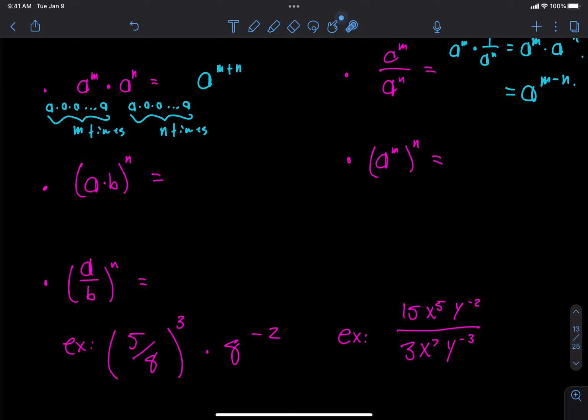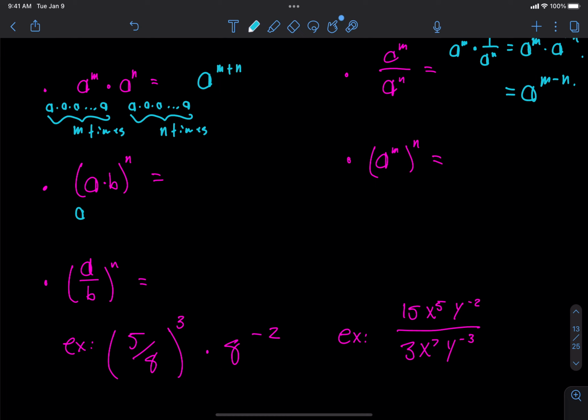All right, now we're going to get trickier. What happens if I do a times b in parentheses and then I take all of that to the power n? I'm going to essentially use the word distribute here, but it's not really a distribution. But this power n is going to appear on here and here. Why?